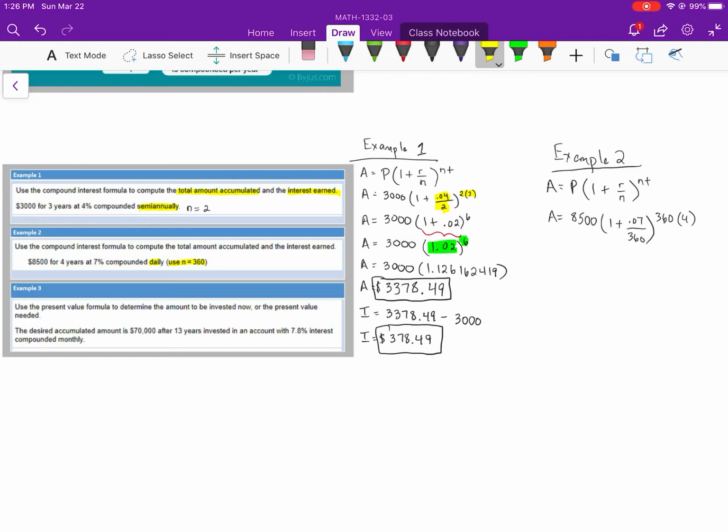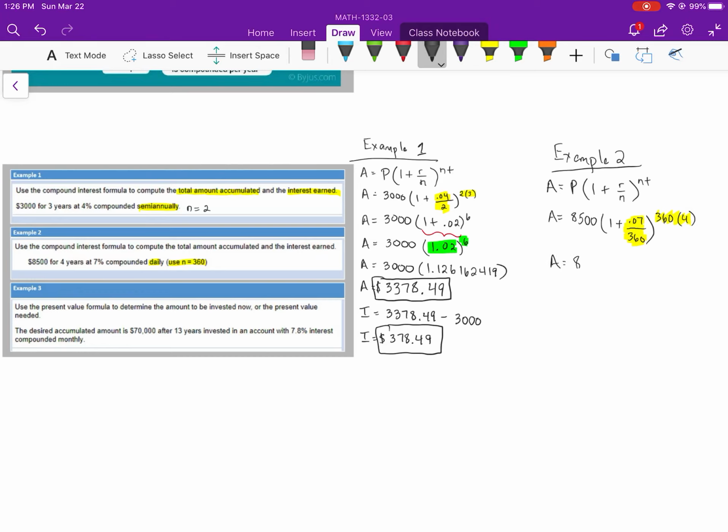All right, so again, I'm going to do the same exact process that I did in example 1 here. I'm going to go ahead and take care of this fraction first, okay, that 0.07 divided by 360. And I'm also going to go ahead and simplify that exponent there of 360 times 4, okay? All right, so let me get on my calculator here. So 0.07 divided by 360. All right, so let's see.